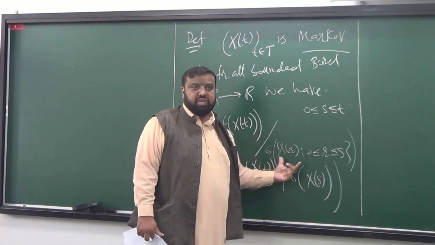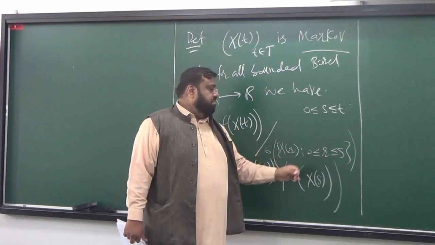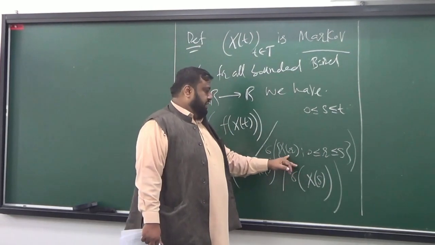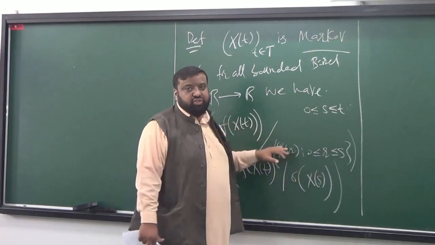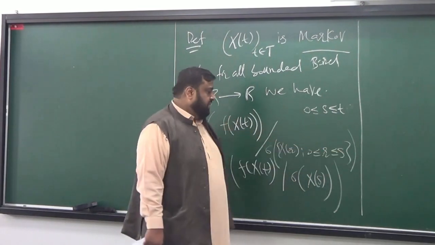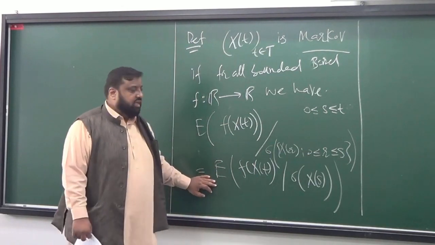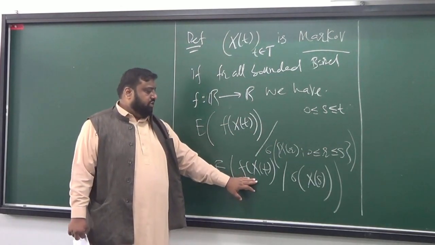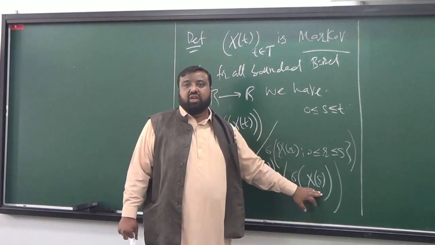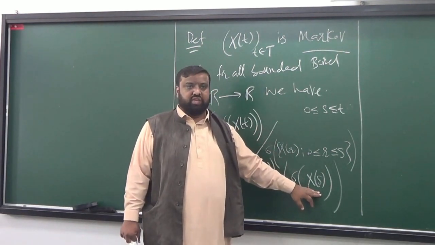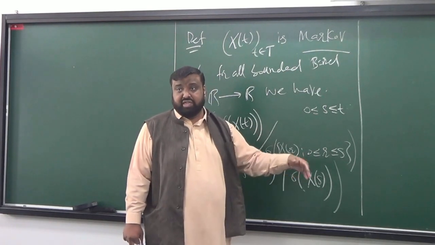In other words, you have the sigma algebra generated by the process, but from 0 up to time s, so its entire history up to time s. This is the same as computing the expectation of f of X of t given the sigma algebra generated by only X of s. Here s is like the current instant.